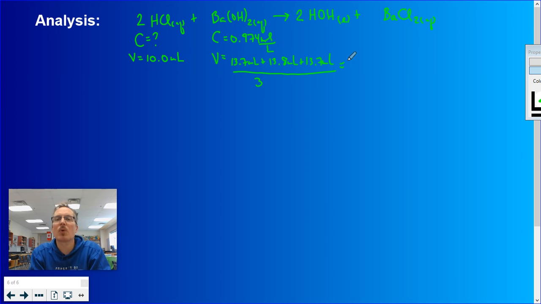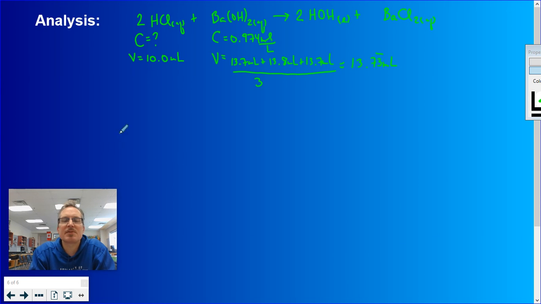If we had 4 good trials, we would add up all 4 and divide by 4. The average of those 3 values is 13.73 repeating milliliters.